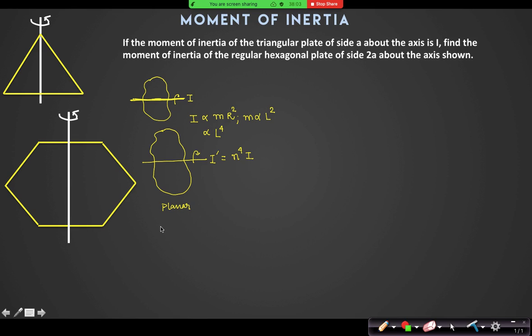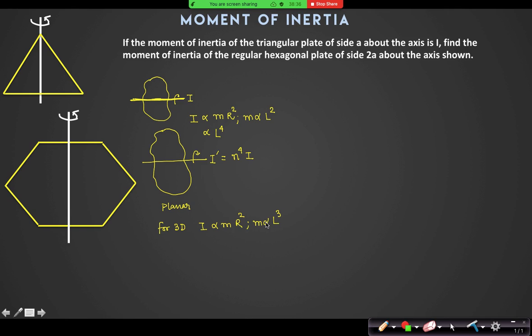For a 3D object, what can I say? N is the factor by which you are increasing the dimensions. For 3D it will be n power 5. Because for 3D, I is proportional to again mr squared. Now, m is proportional to L cubed.